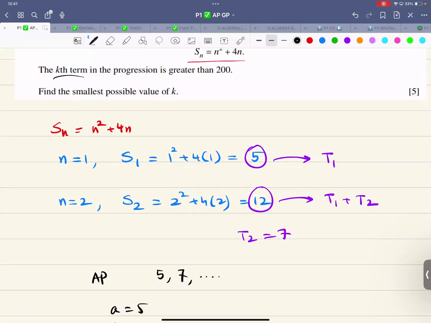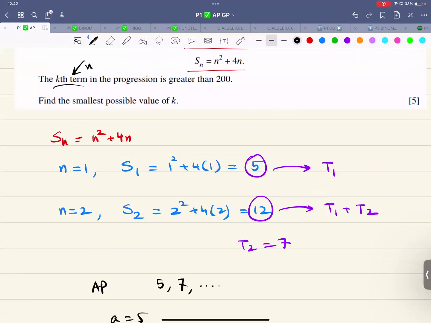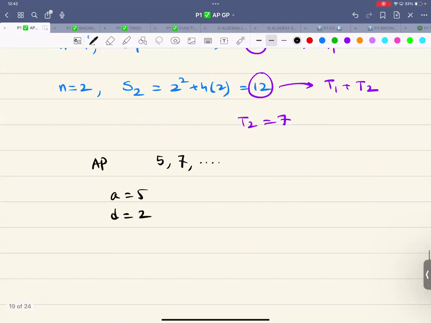Now it says there is a particular term, the kth term, and that kth term is greater than 200. So for simplicity, let me write this as the nth term. So nth term is greater than 200.